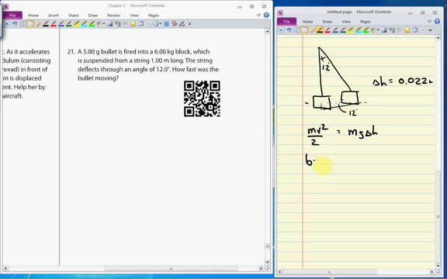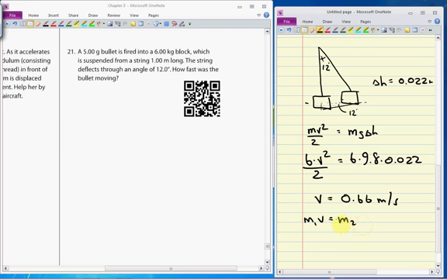So 6 times v squared over 2, we'll set it up this way, is equal to 6, the mass of the block, times 9.8 times the change in height. Rearrangement gives us a velocity of 0.66 meters per second.